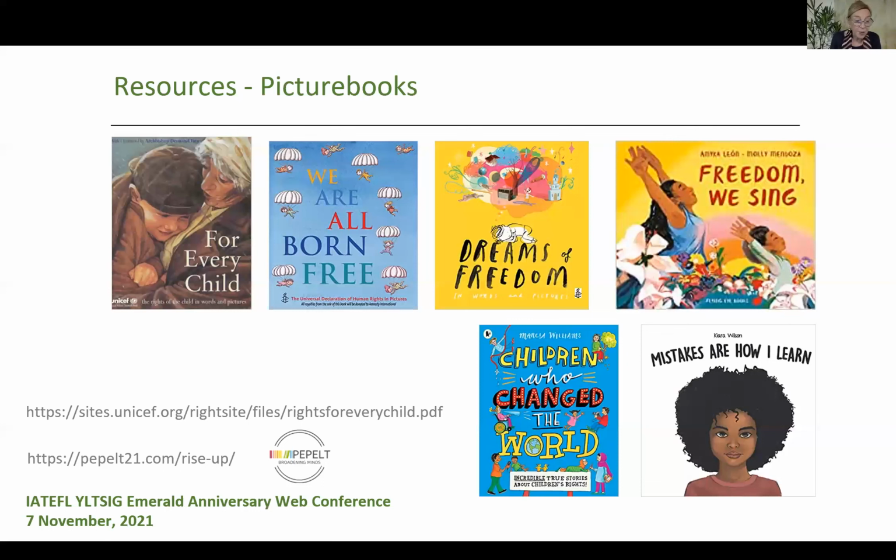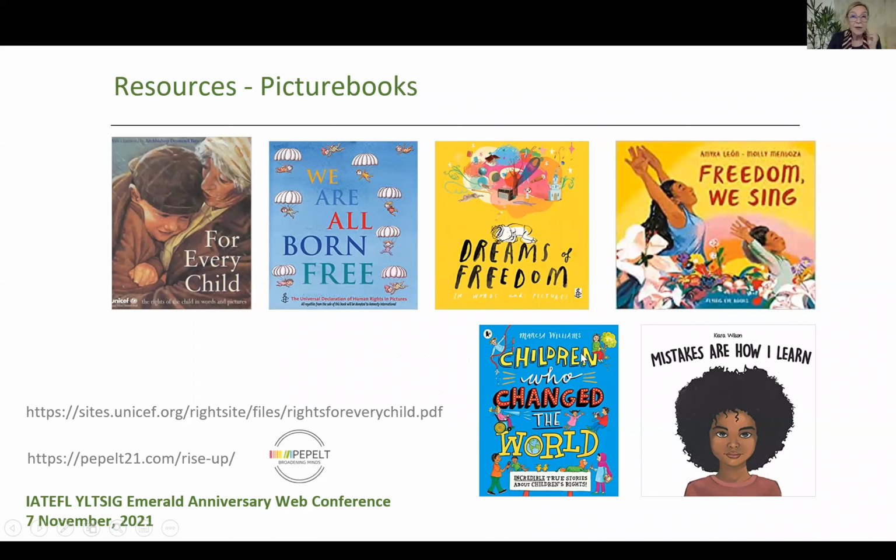So the first one then is For Every Child, published by Red Fox in 2002. Although if you see this link here, UNICEF, you can download a part of this book in a kind of little booklet form for free, obviously.